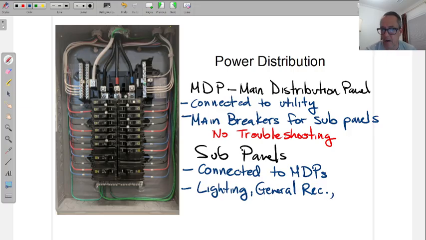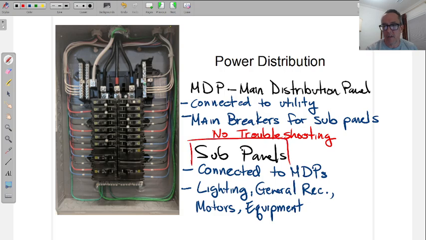This will have our motor loads, motors, and equipment connected to your sub panels. So if you ever need to figure out why an outlet isn't working, we don't come over to the main distribution panel. You will find the sub panel that has your outlets connected to it.